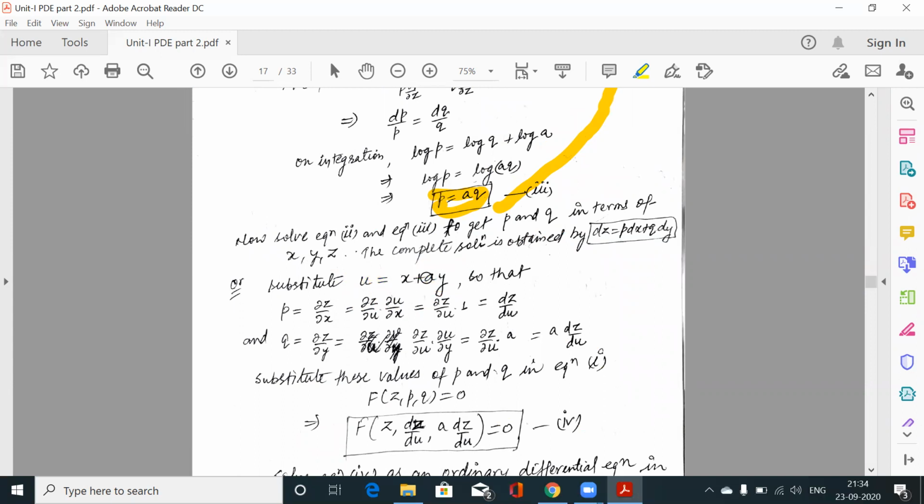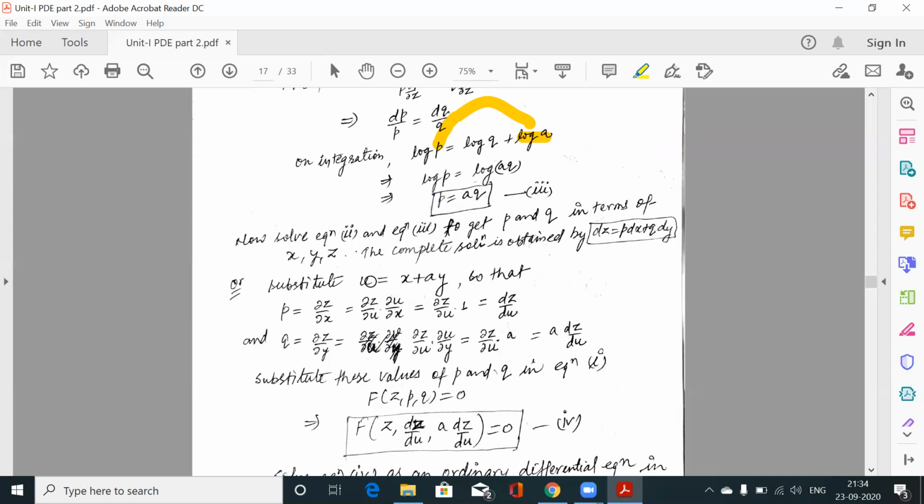You can take either x plus ay or ax plus y, so this a can be on this side also. Clear? Ax plus y or x plus ay, both you can take as transformation. Why? Because if we are adding a here, we will get p is equal to aq. Otherwise, if we add log a to this side, because this is an integrating constant, we can add it on the LHS as well as on the right hand side. So if we add log a here, we get q is equal to ap.